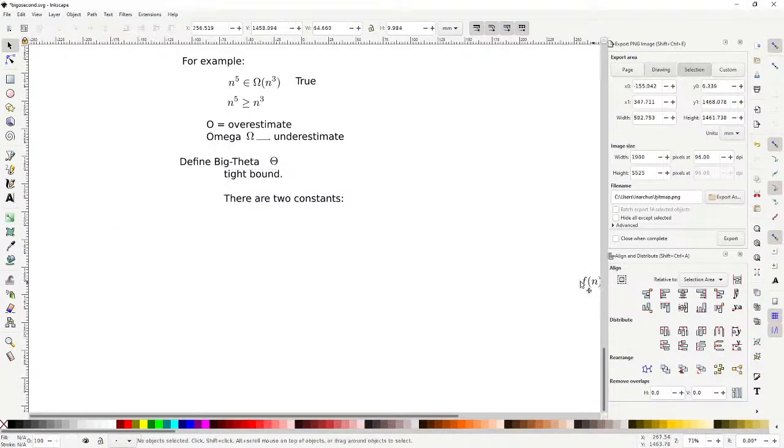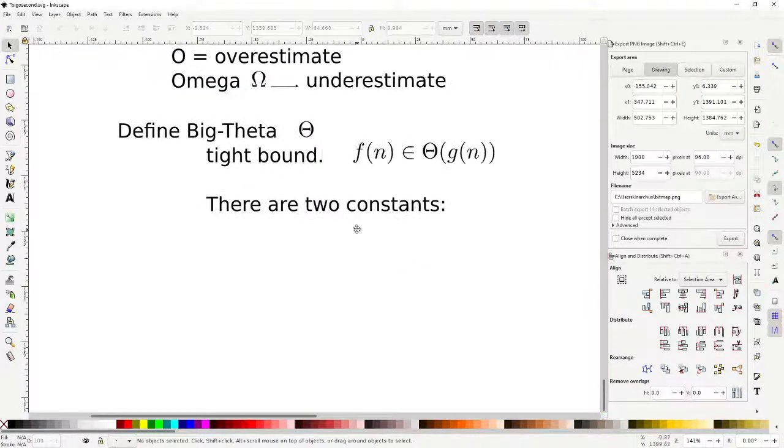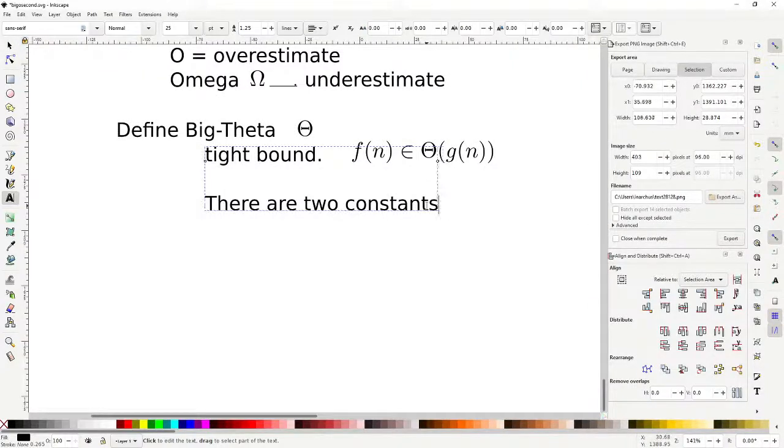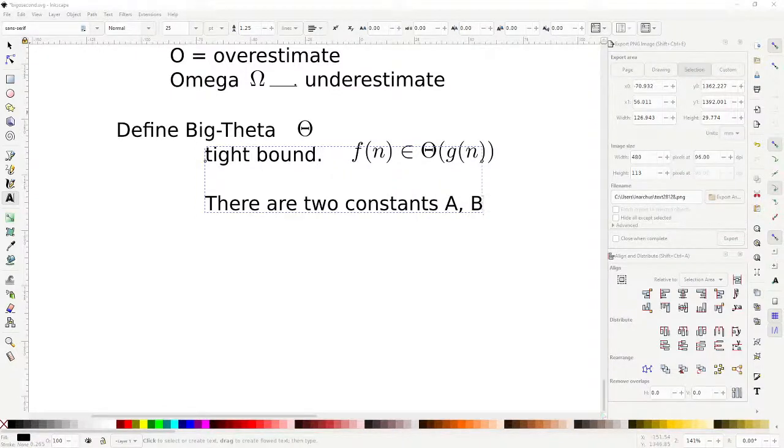Let's call them a and b for now. You can rename the constants whatever you like, but who cares? a times g of n is less than or equal to f of n is less than or equal to b times g of n, like this.